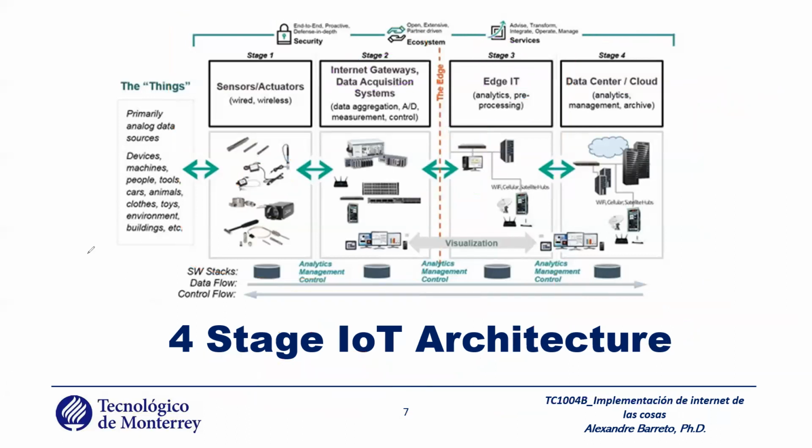The idea is, if you have the edge, a lot of times it is the same equipment as the internet gateway, the same hardware. This device needs to have some storage to save the raw data.